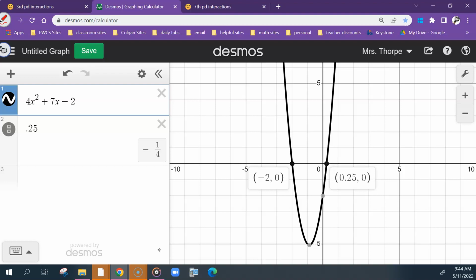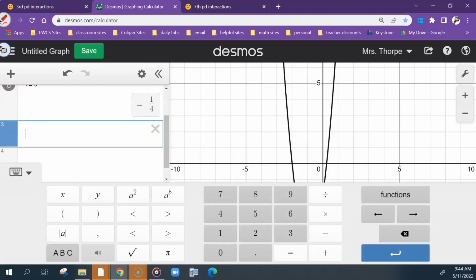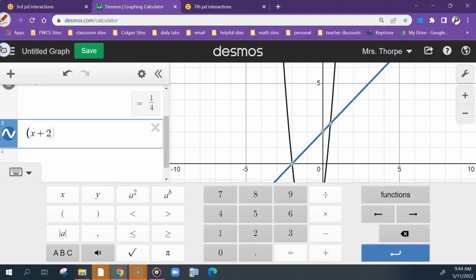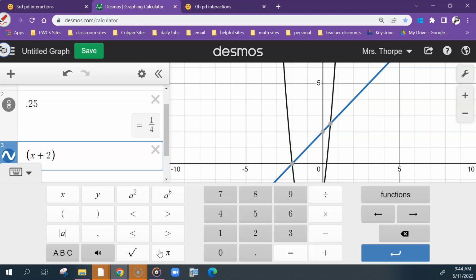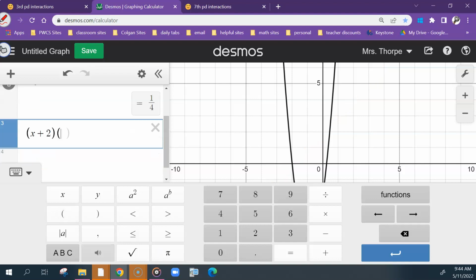So then our two factors, we're going to take this number and make it the opposite, so x plus 2 would be one of our factors. And then the other one, we would take this fraction and make our factor with it. What did I just say with that? The way they have it is usually x minus 1/4, but then we take the denominator and move it to the front. 4x, and then minus 1, because it was already x minus 1/4.